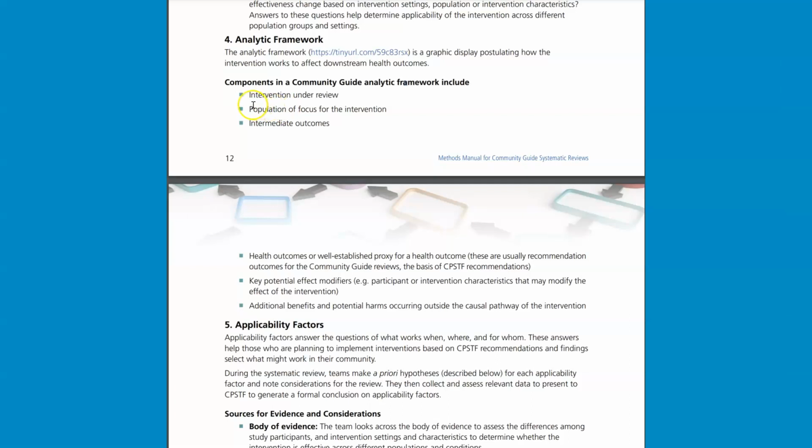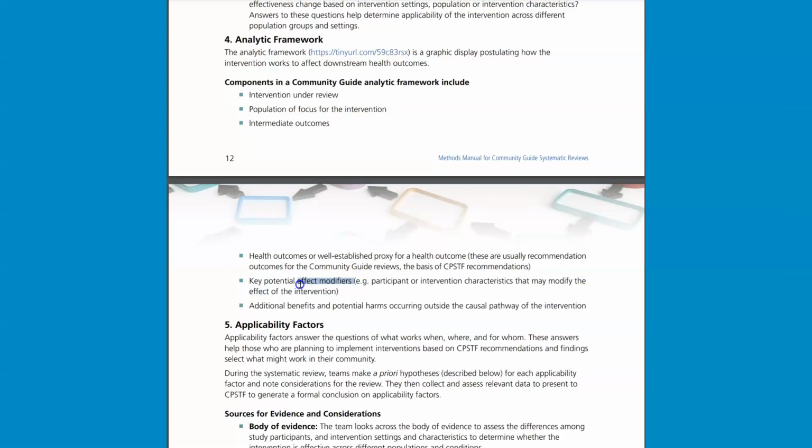These include the intervention under review, the population of focus for the intervention, the intermediate outcomes, the health outcomes or well-established proxy for a health outcome, and key potential effect modifiers, and I talk about effect modifiers a lot.